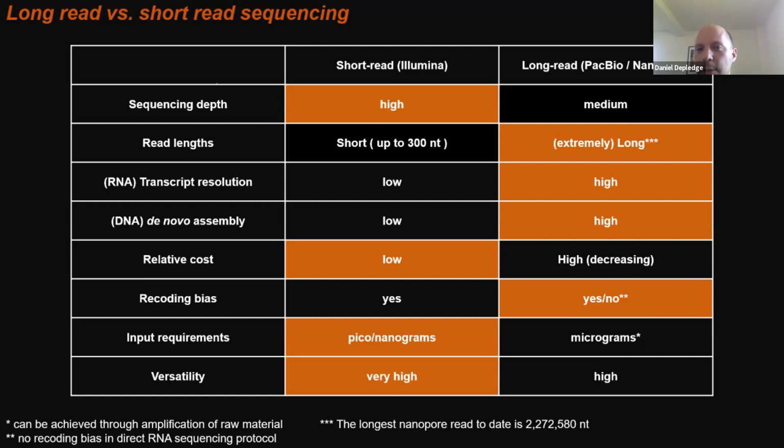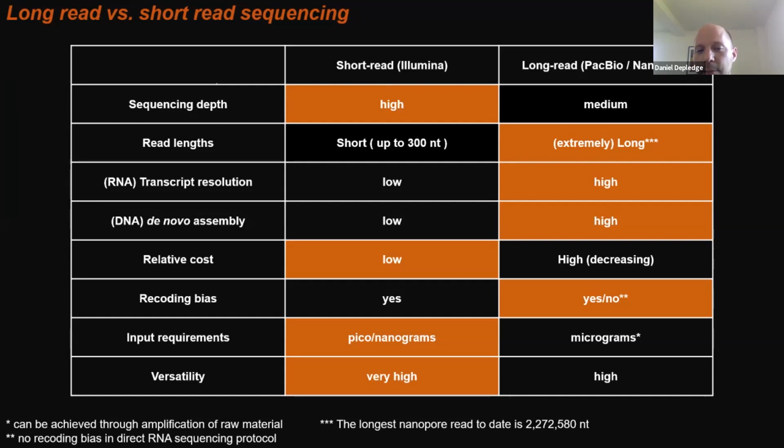You can start with pico or nanograms of total RNA, whereas with longer read approaches, you often need micrograms. Again, some of that is changing depending on the protocols you use, but it does mean that long read approaches aren't always great to use in clinical settings without some manipulation of your template by, for instance, PCR.